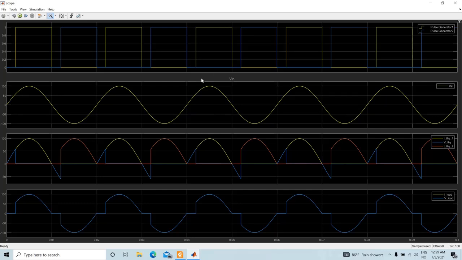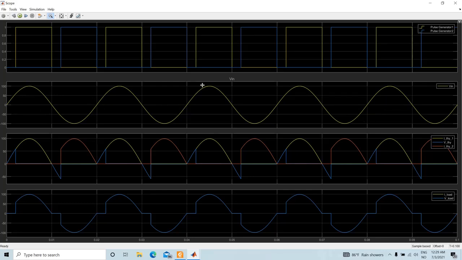If you notice here, pulse generator 1 is the yellow one, so this is on, and then you have a delay alpha, and after that you turn the second thyristor on. This is our input voltage, and this yellow one, this is 100 volt amplitude here.